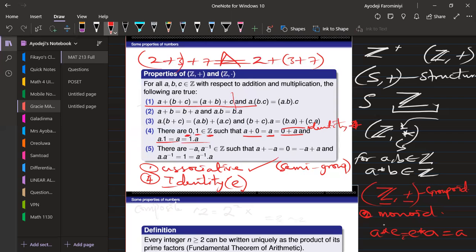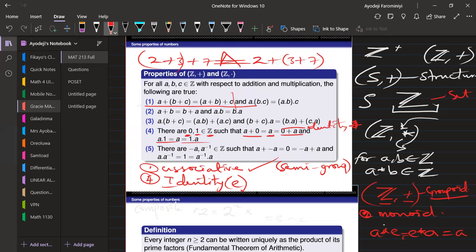If it is an ordinary set, I will just write Z. If it is a groupoid, it means I have included a binary operation for which the operation is closed, so it has become a groupoid. Then if a groupoid satisfies the associative property, it is called a semigroup.